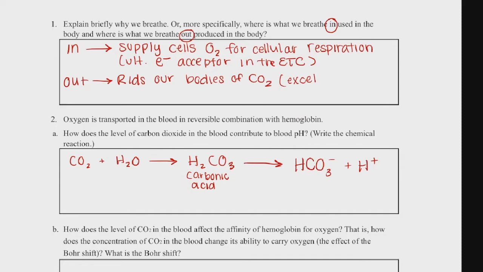And so how CO2 levels contribute to blood pH is that the more CO2, the more it is available to be broken down into this, which means that our hydrogen ion concentration is increasing, which means the acidity in our blood is increasing, which means pH decreases. So the more CO2 we have, the more hydrogen ions we have available, and that lowers our pH and makes things more acidic.